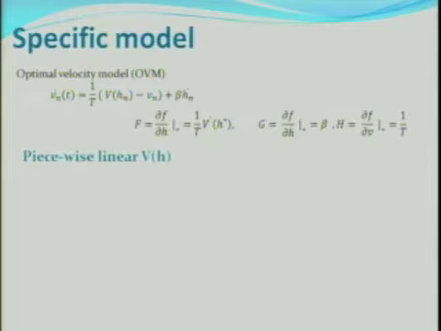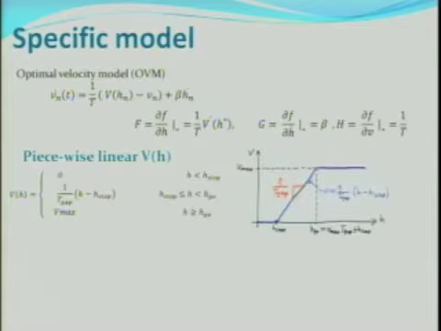First of all, I'd like to apply this model to a piecewise linear VH. In this function, the driver tends to stop when the interval distance between the leader and follower is smaller than h stop, and the follower will tend to go at maximum speed when the interval distance is greater than h go.